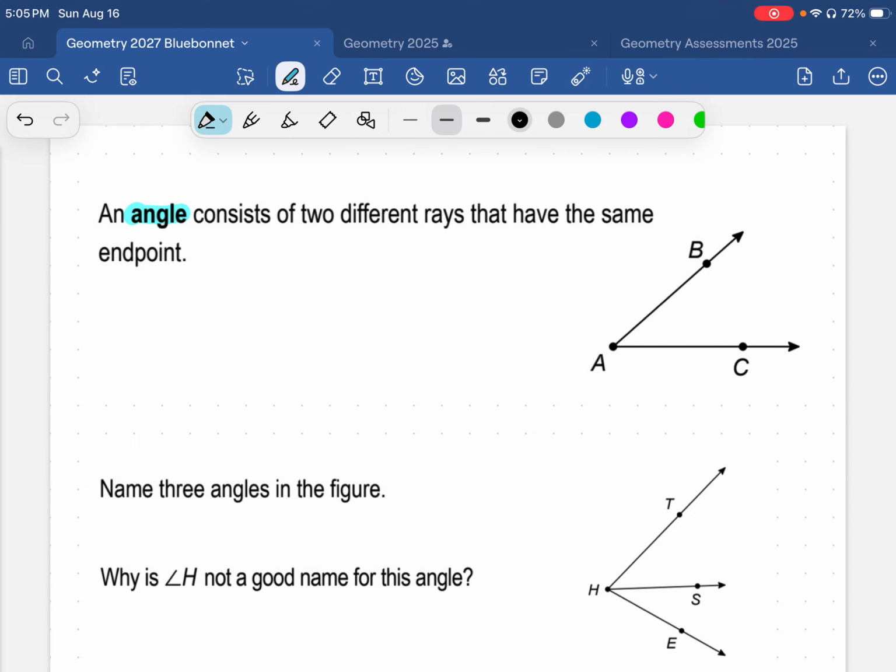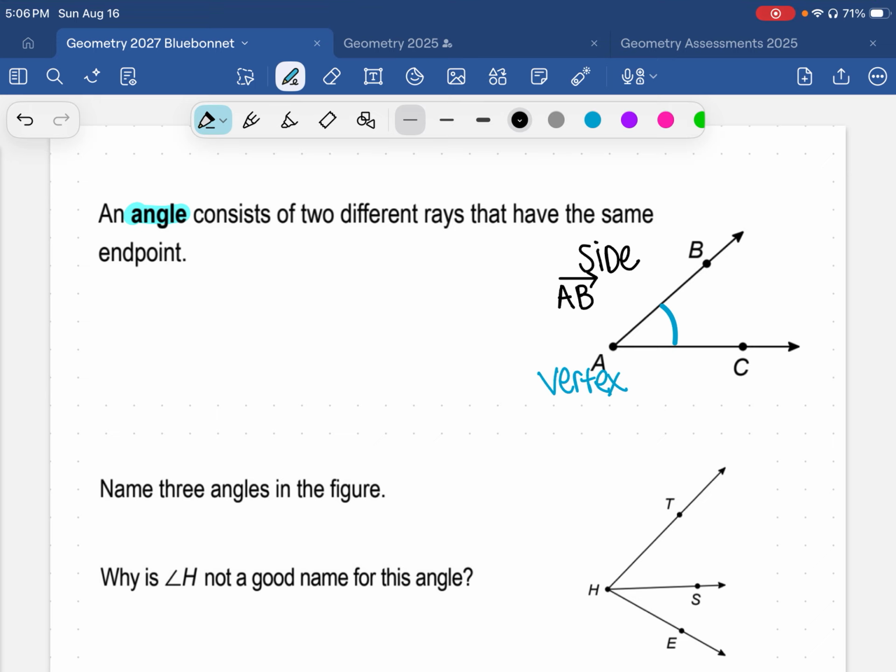This part right here is the actual angle itself, and this point A is called the vertex. The two sides of our angle are rays. They start at the vertex and they head towards the point near the angle.